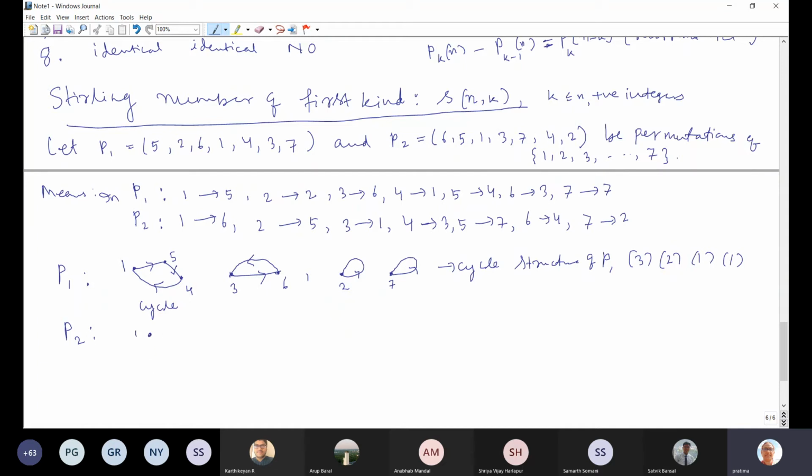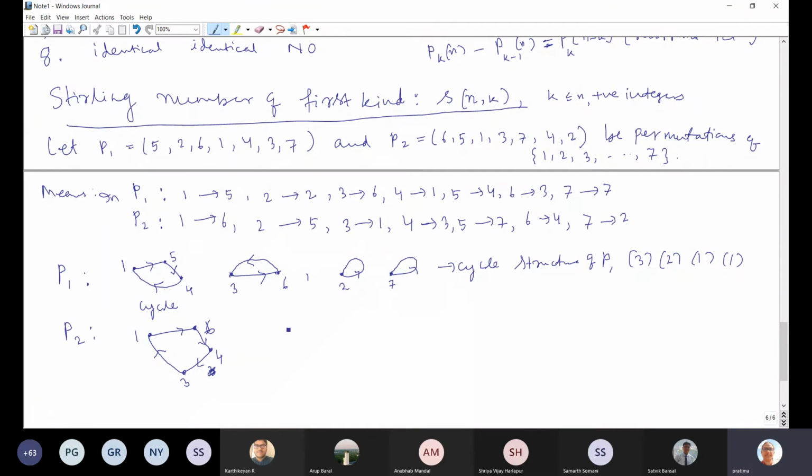I'll write it down: 1 maps to 6, 6 maps to 4, 4 maps to 3, and 3 maps to 1. I'm sorry, I wrote it wrongly before. So this forms a cycle.